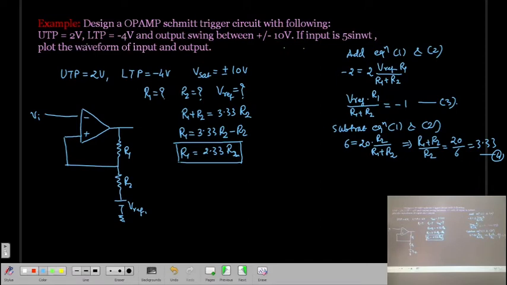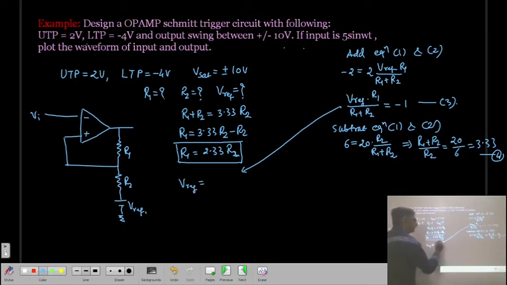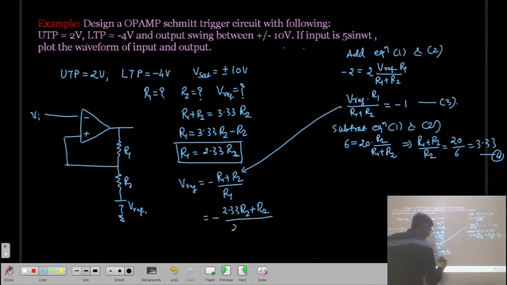And if we put this value in this equation here, from this we can write that V reference equal to minus R1 plus R2 divided by R1. So this is minus, what is R1? It is 2.33 R2 plus R2 divided by 2.33 R2. So this R2 will be cancelled.